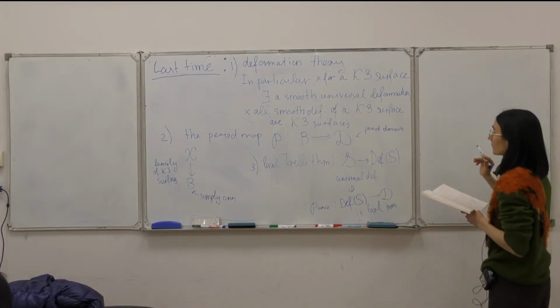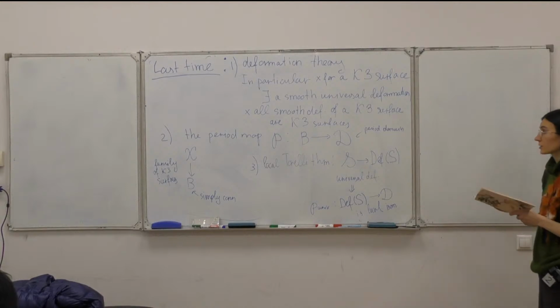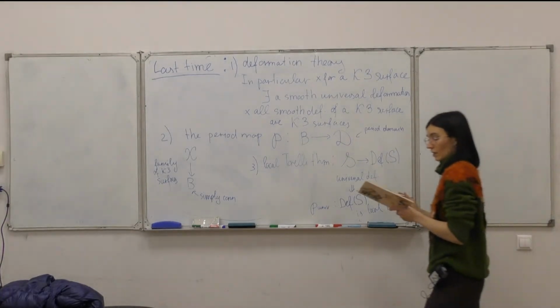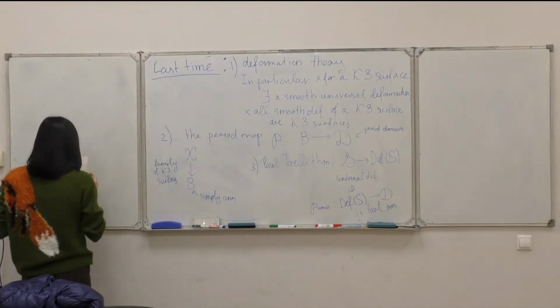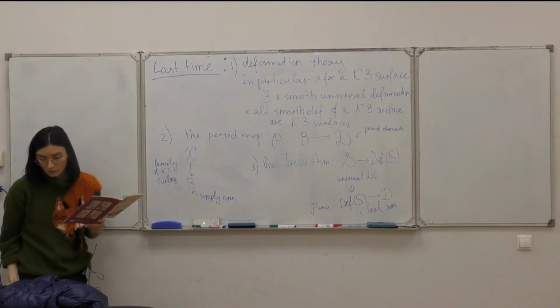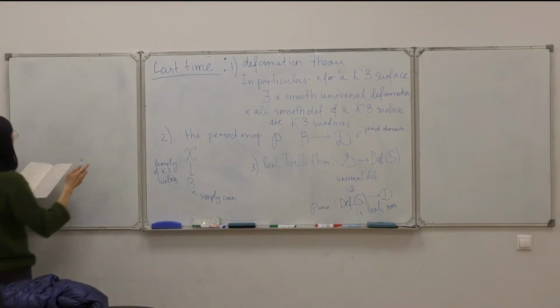So first of all, I would like to explain why for marked K3 surfaces we have a fine moduli space, not just a moduli space, but even a fine moduli space. Let me recall that a marked K3 surface is a K3 surface with a fixed isomorphism of its second cohomology with our favorite lattice, that is the direct sum of 3 copies of U and 2 copies of E8 minus 1.